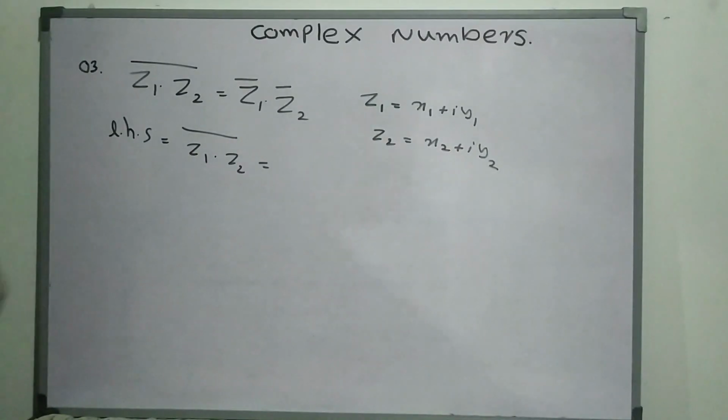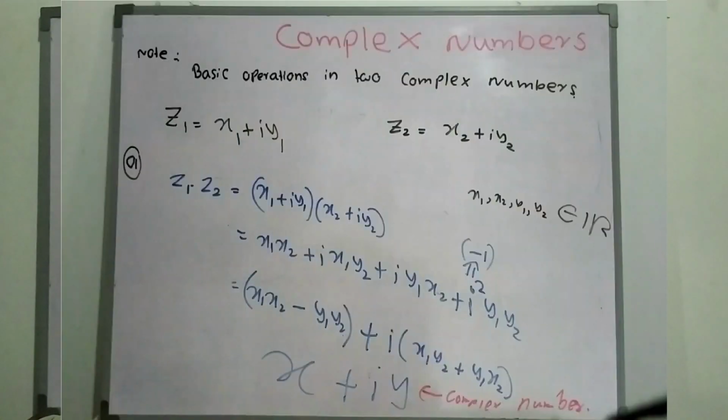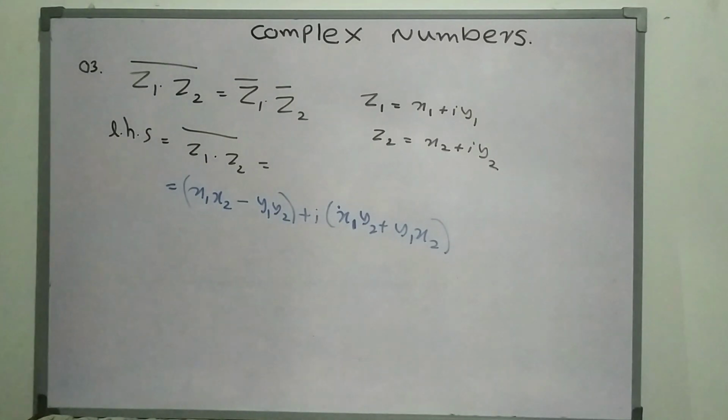I think we did this one in our first tutorial, so you may remember the value. This is Z1 into Z2, the product. I am directly using the previous result, but I'm not suggesting you write it directly; you have to simplify it. On this occasion I am going to write it because we did it.